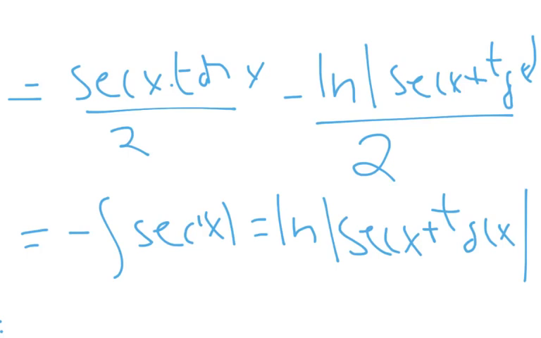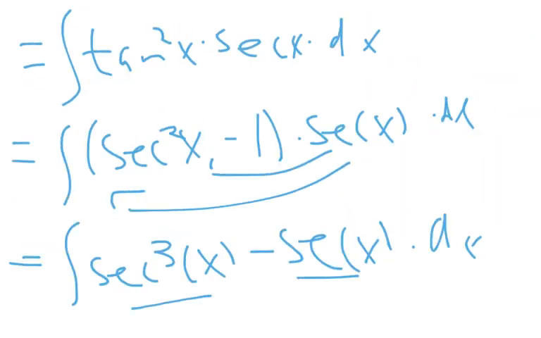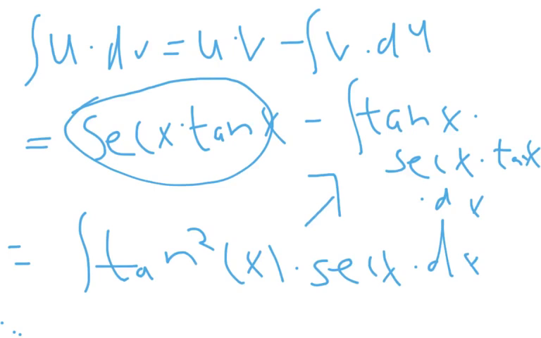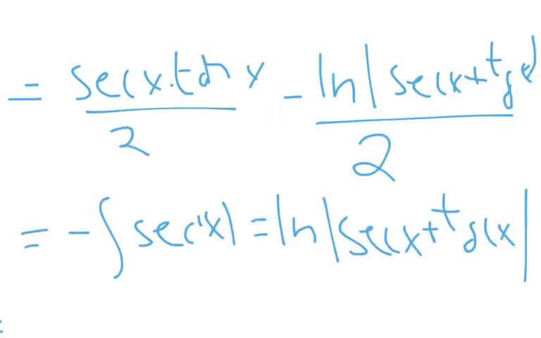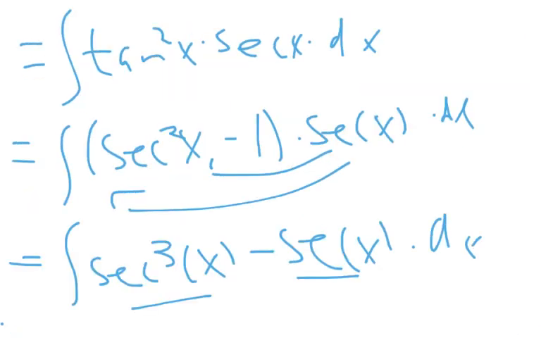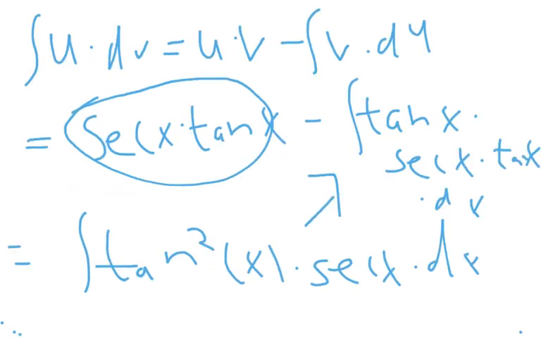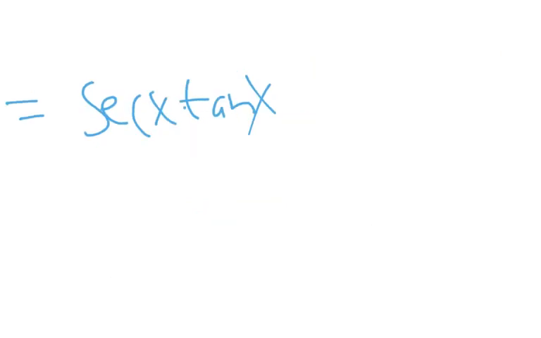Now we can simply just add everything and put the final answer. So the first part that I told you not to forget is our secant of x times tangent of x, and now what we've just found, which is plus, hold on, I think that, oh no, we've got a negative sign right there. So we simply copy everything as is.